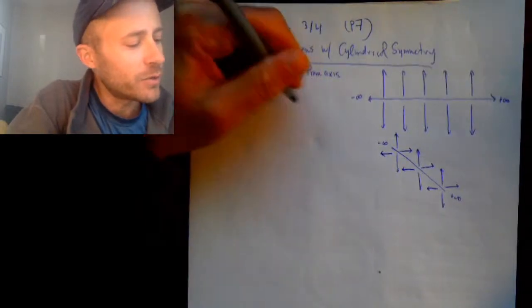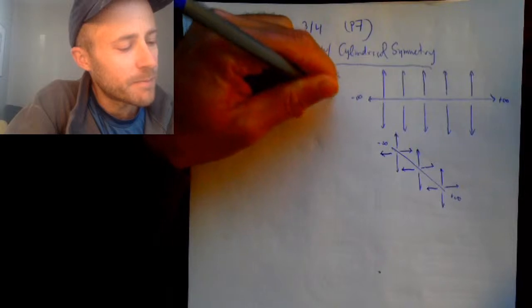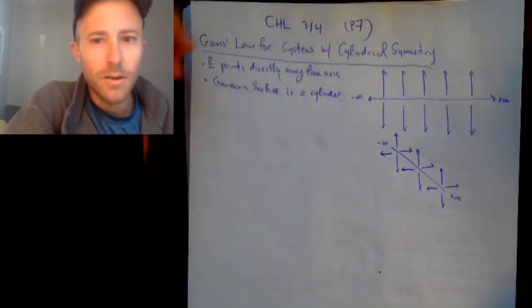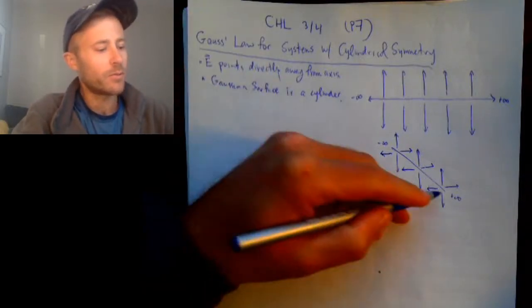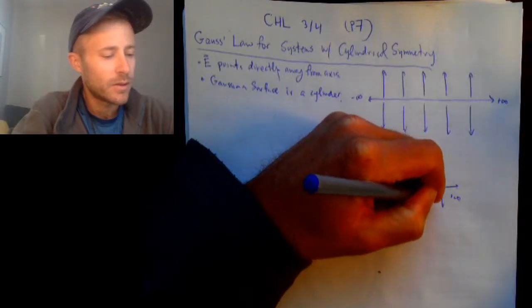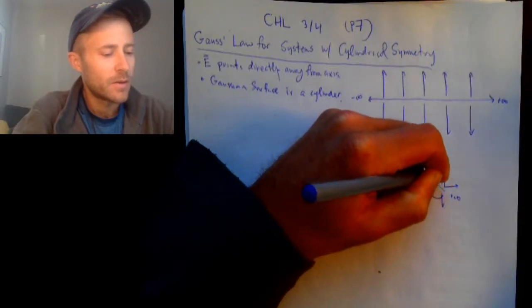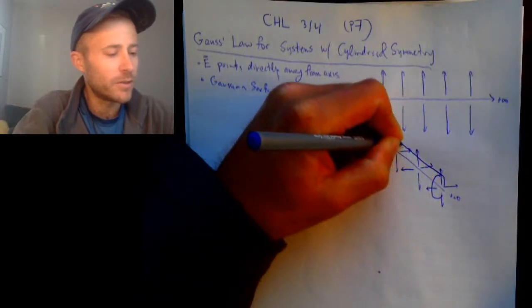So the Gaussian surface is a cylinder. If we were to look at that from this 3D perspective, it's going to look like this. Here's our Gaussian cylinder.